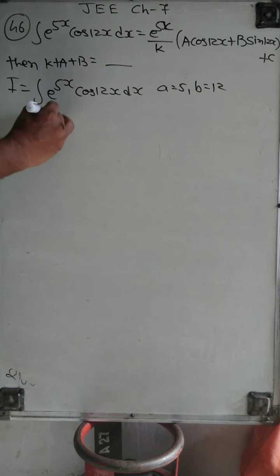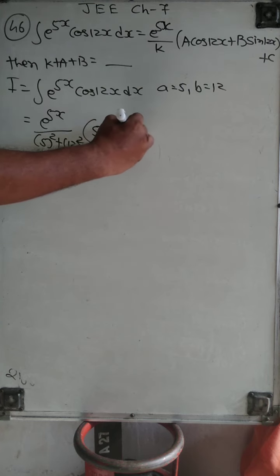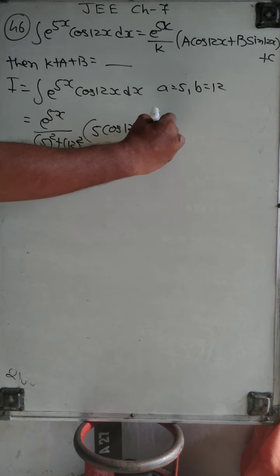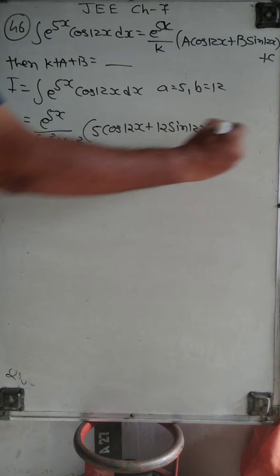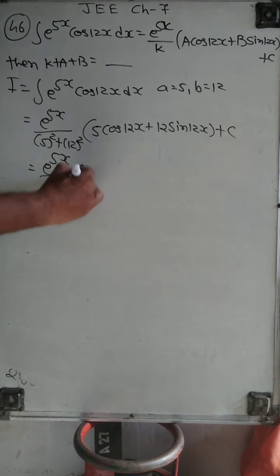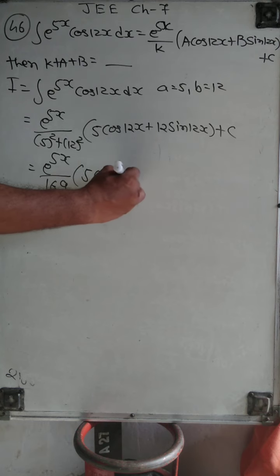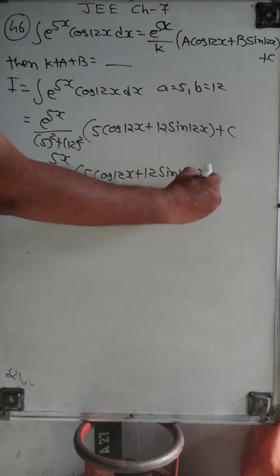Therefore the answer is e^5x/(a² + b²) [a cos bx + b sin bx] plus c. Now this is e^5x/169 (5 cos 12x + 12 sin 12x) plus c.